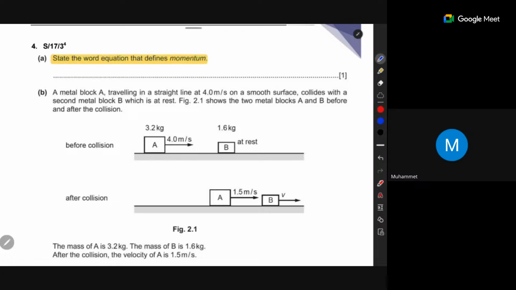In this question, state the word equation which defines momentum. Yes, Sarim. Momentum is equal to mass into force. Momentum is? Mass. Yes, you have to write it this way: momentum equals mass times velocity.